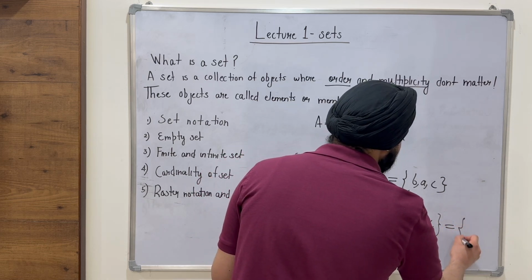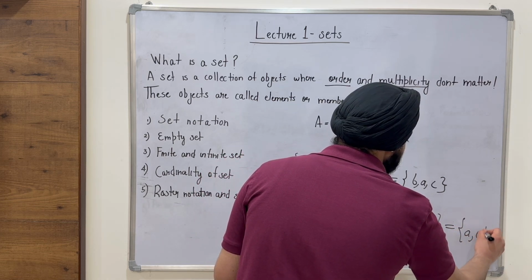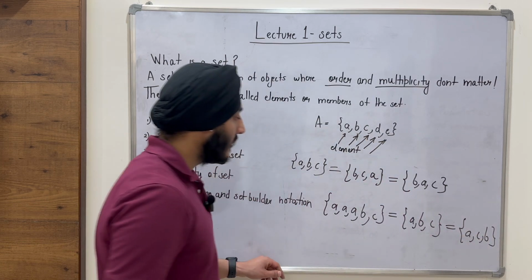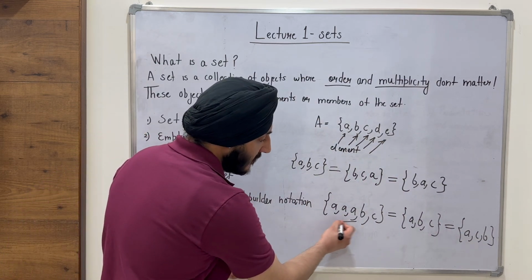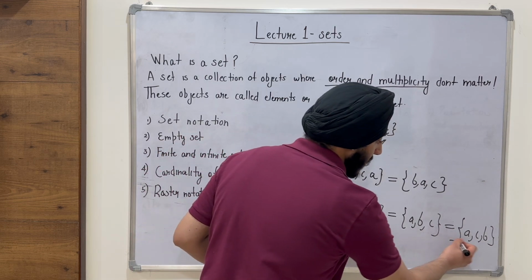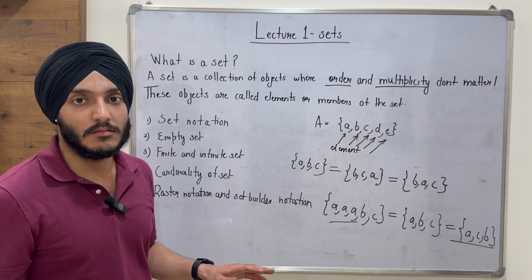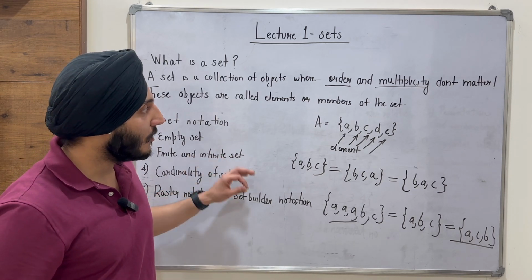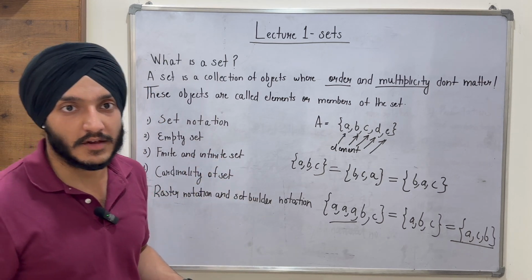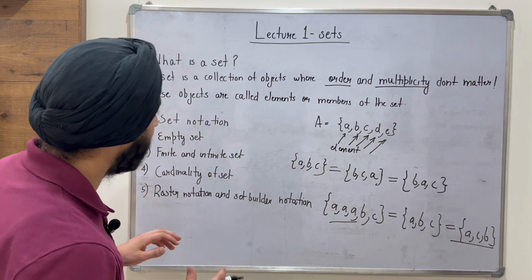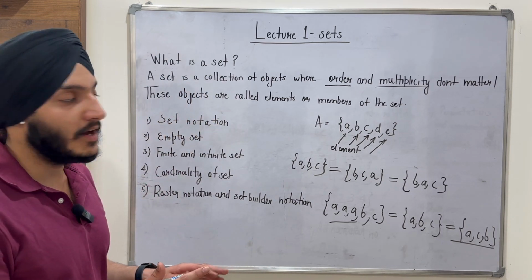And this would again be the same as {a, c, b}. The point is that multiplicity and order don't matter in sets. So they can be arranged in any way possible. This is a very important thing to understand about the very basics of sets. I hope you have a good understanding of what a set is and how we represent it.